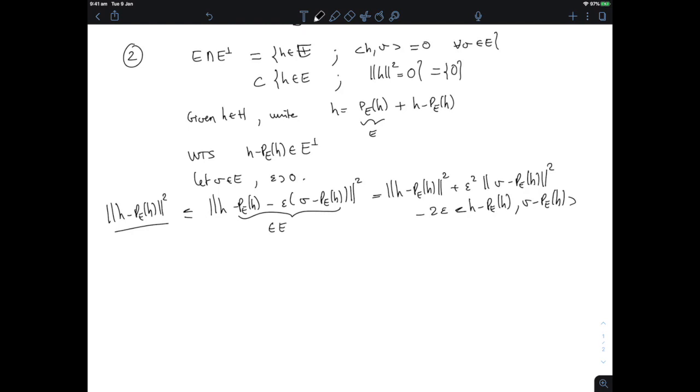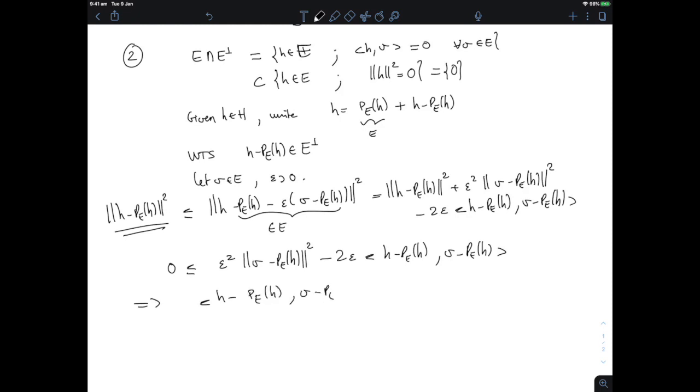Okay, but now in this inequality I can simplify on both sides this quantity, and I get that 0 is less or equal to epsilon squared V minus PEH squared minus 2 epsilon H minus PEH, inner product with V minus PEH, and then I can reorganize this inequality and simplify and divide by epsilon on both sides, and that gives me that the inner product of H minus PEH with V minus PEH is smaller than epsilon over 2 times this norm V minus PEH squared, and now I can send epsilon to 0.